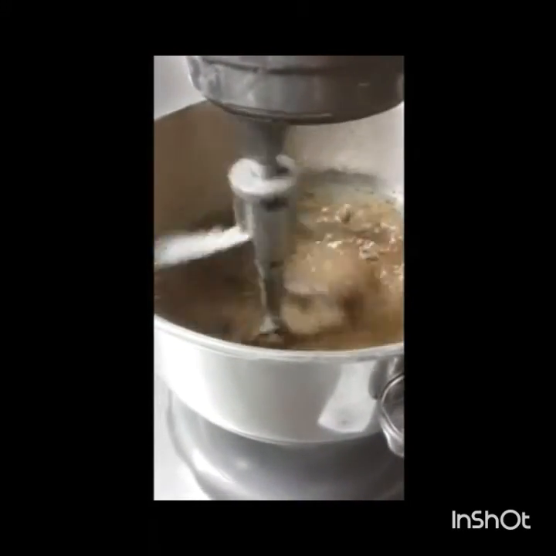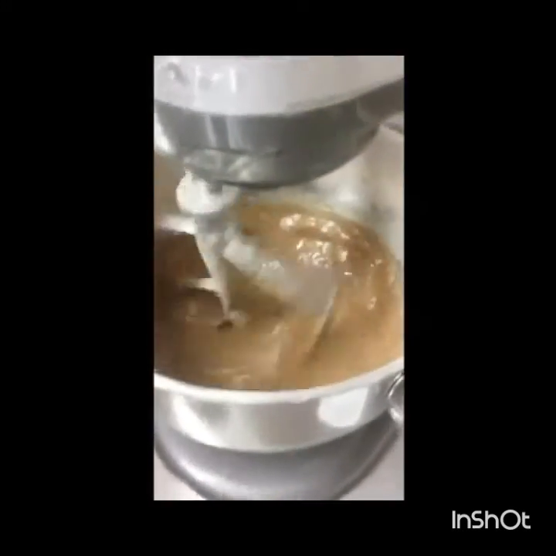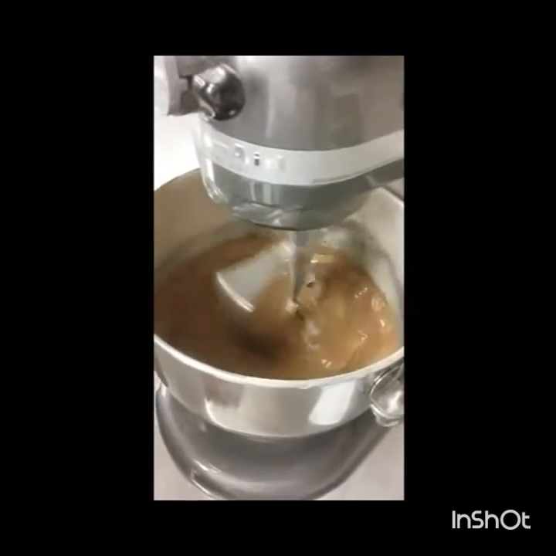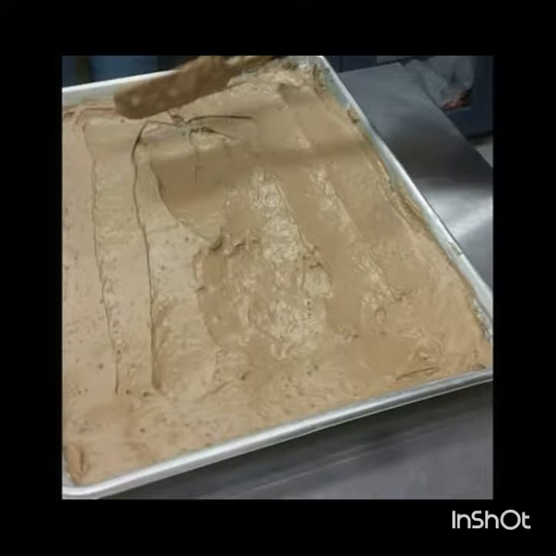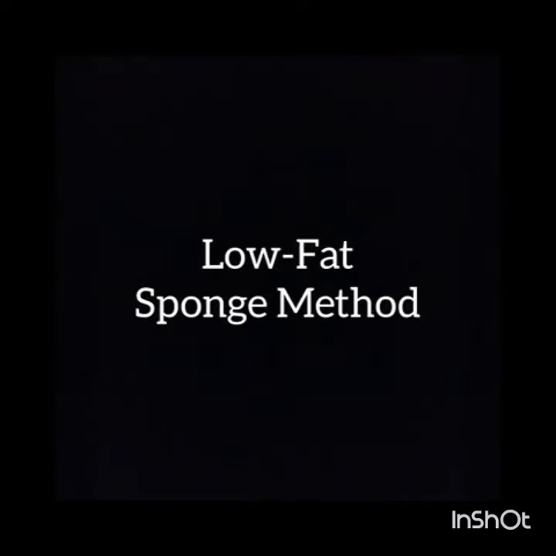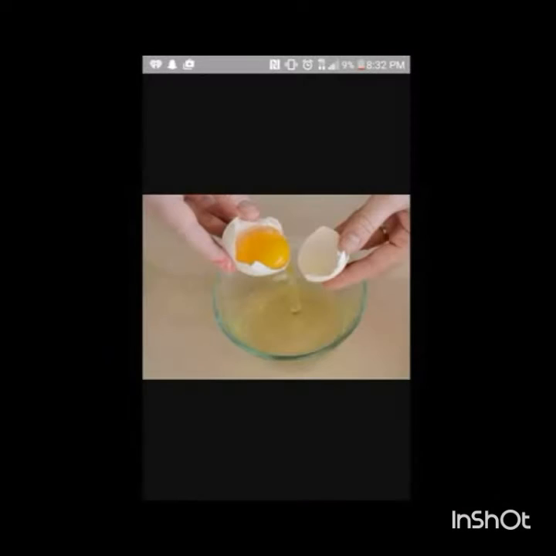Next, you have your low-fat cakes, which have no fat included, and eggs are part of the leavening. It's a springy texture and tougher. For the sponge method, the first step is to separate your eggs, the yolk from the egg white.